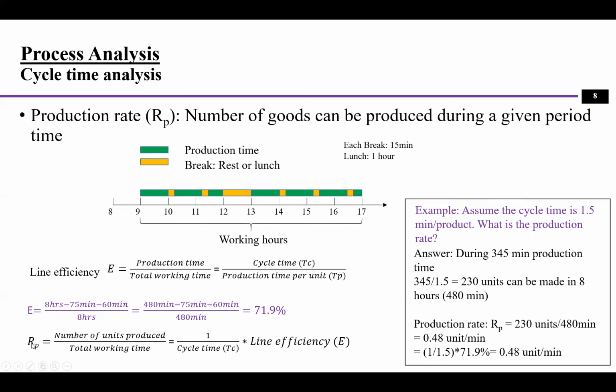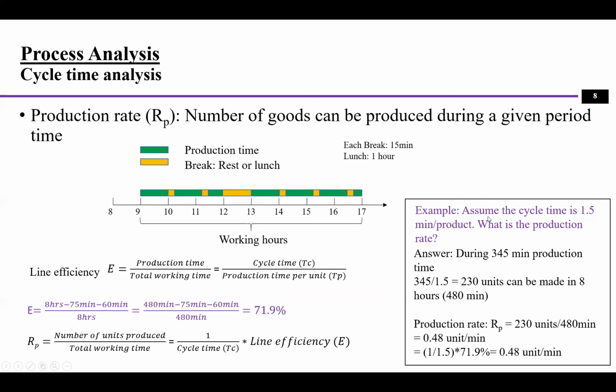This variable also equals 1 divided by cycle time, because 1 divided by cycle time gives us how many products can be produced per unit time, assuming the production line is always working. But is that the case? Not the case. So we have to multiply by this line efficiency, right? This is how we get the production rate.